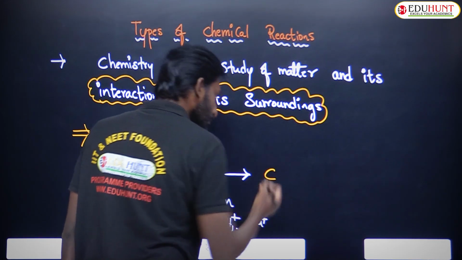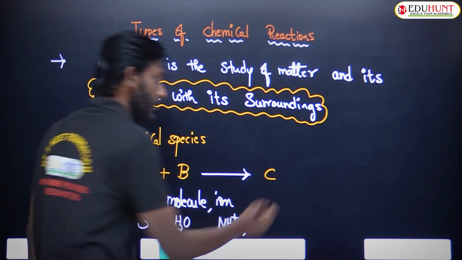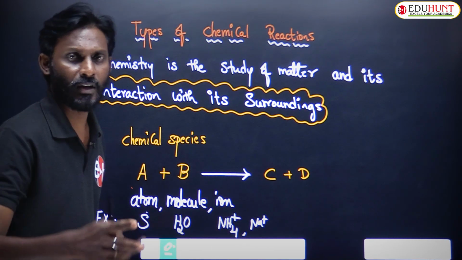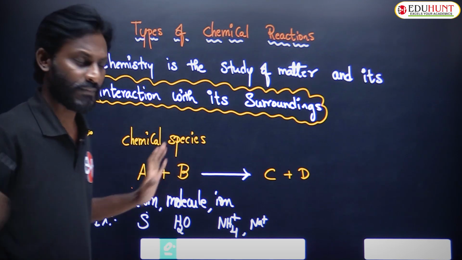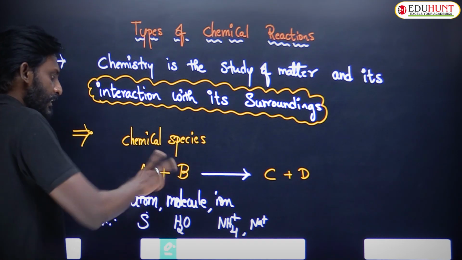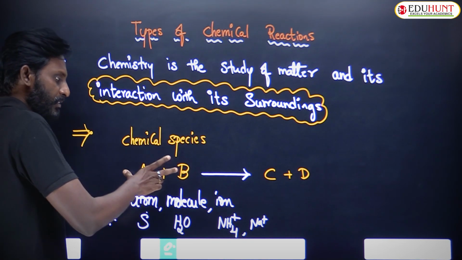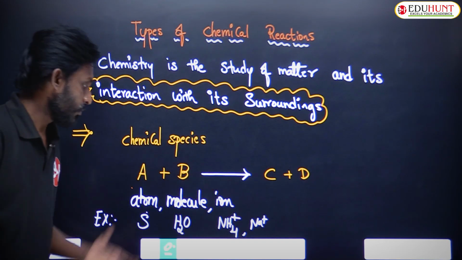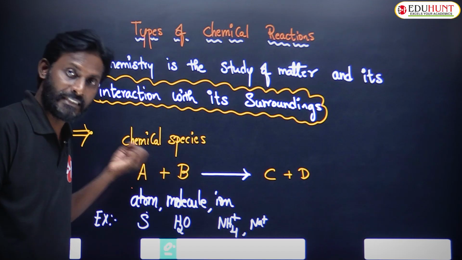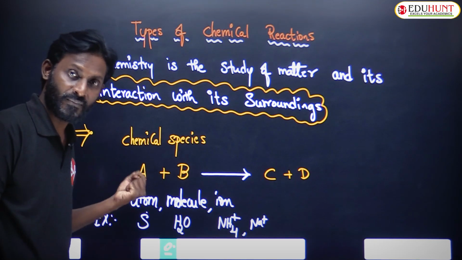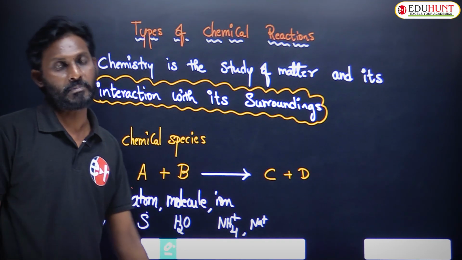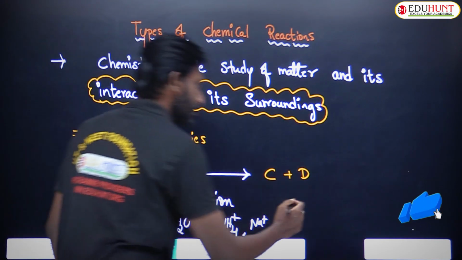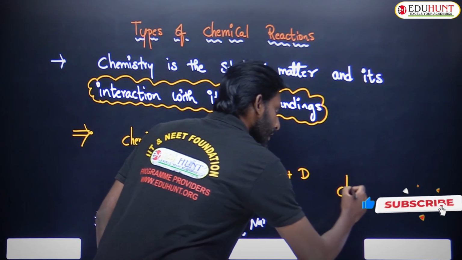That can be one chemical species or more than one, two, three, four or any number. So these chemical species interact among themselves to give another set of chemical species. This particular process is called a chemical reaction.